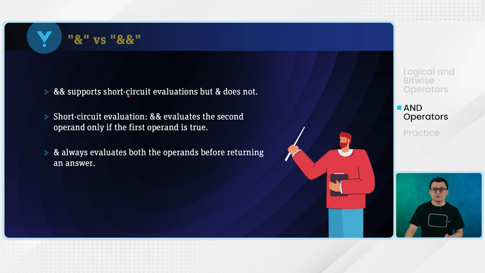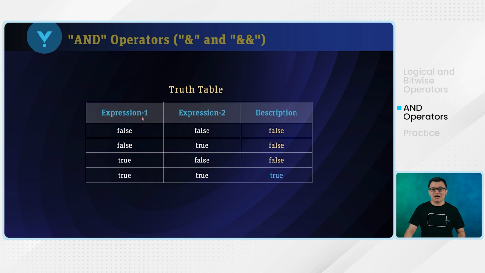The short circuit means, you see, when you use the AND operator, as long as one expression is false, your final result will be false at the end, right? So if I'm using the logical AND operator and the first expression is false, the compiler does not need to check the second expression. There is no need to evaluate the second expression. That is known as the short circuit evaluation.